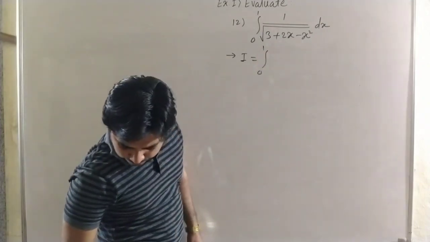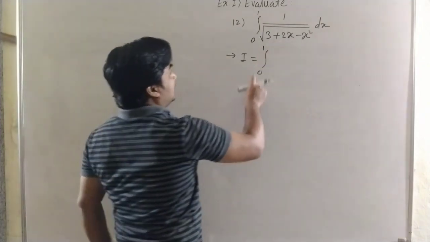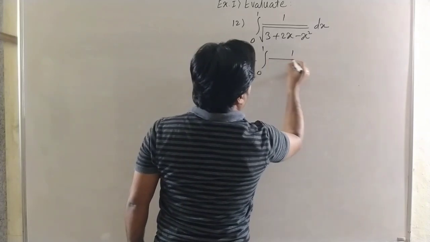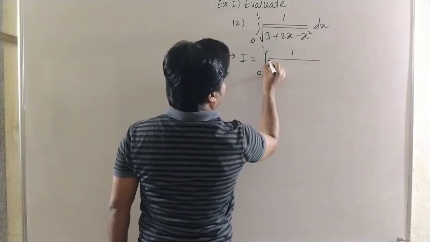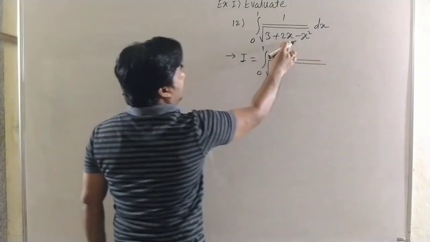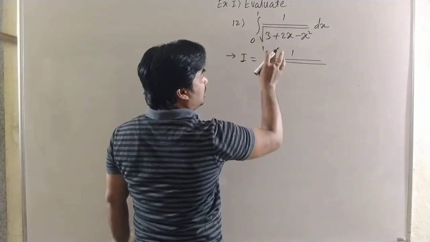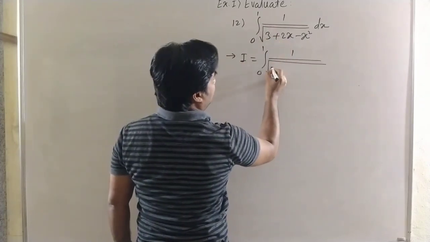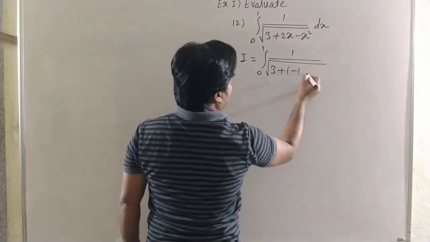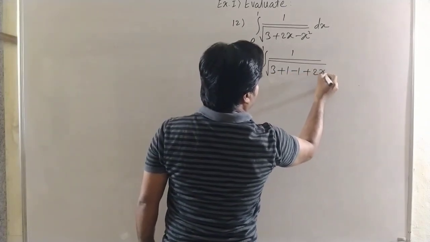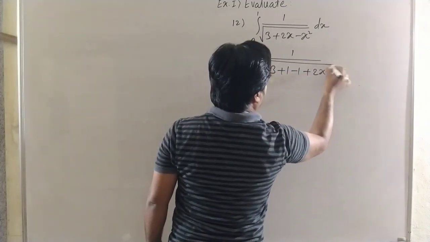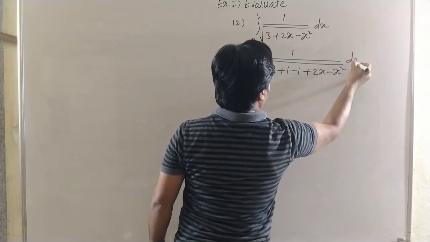Integral 0 to 1. Okay, here it is 0 to 1 limit. Now here the coefficient of x is 2, half of 2 is 1, and square of 1 is 1. Therefore, it is 3 plus 1 minus 1 plus 2x minus x square dx.